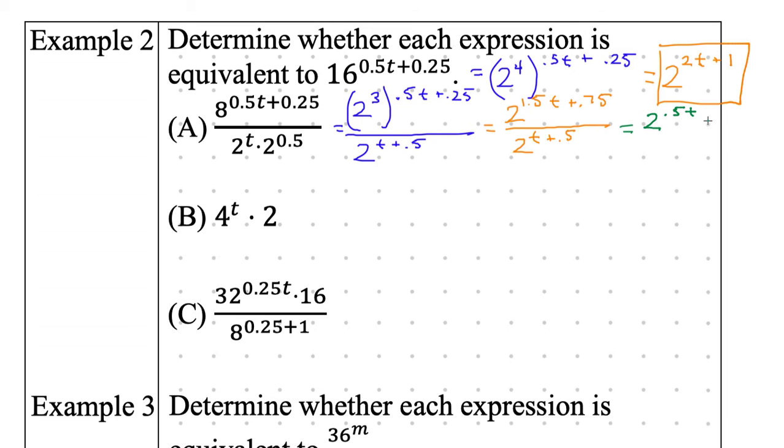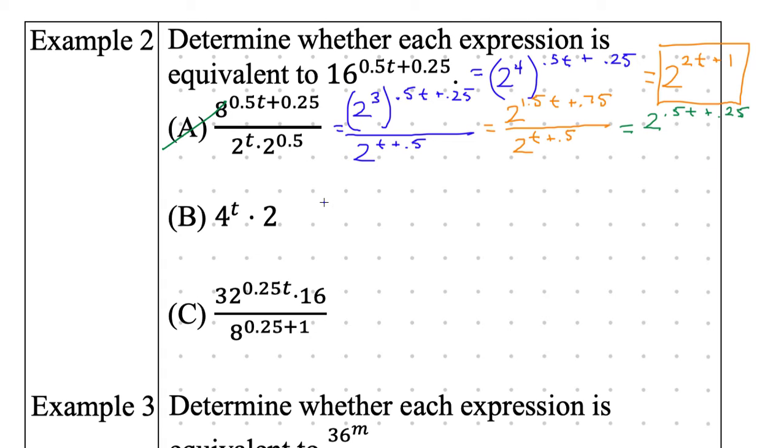And then this is going to be plus 0.75 minus 0.5, which is the same thing as 0.25. So plus 0.25. Okay, so that was close. I mean, you can see that is matching up with this one, but unfortunately we needed 2t plus 1, so not quite. We can go ahead and say no, not A.